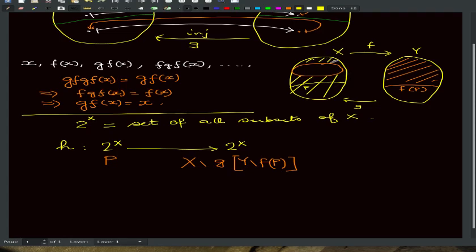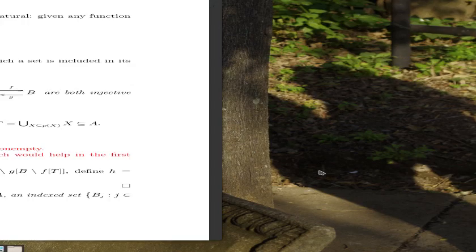That's what I look into. So this is my function. Is this function clear?